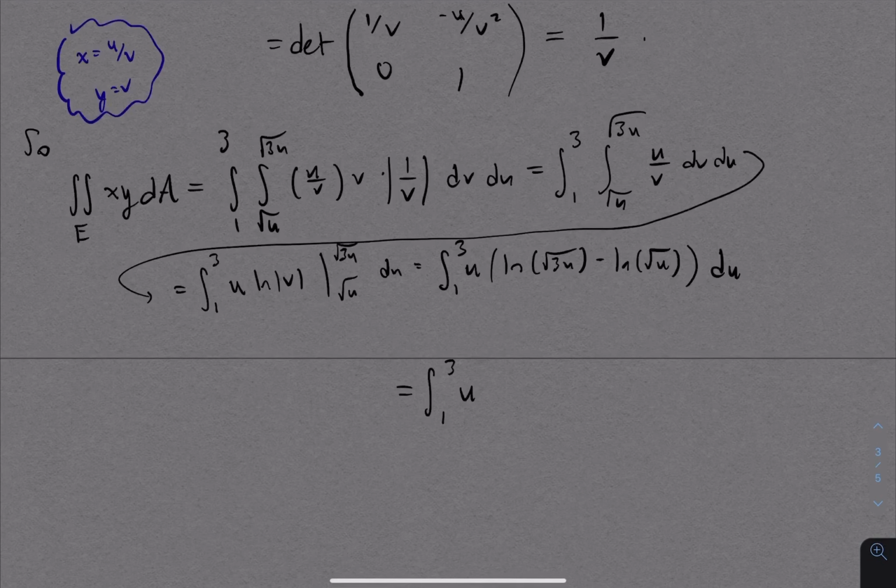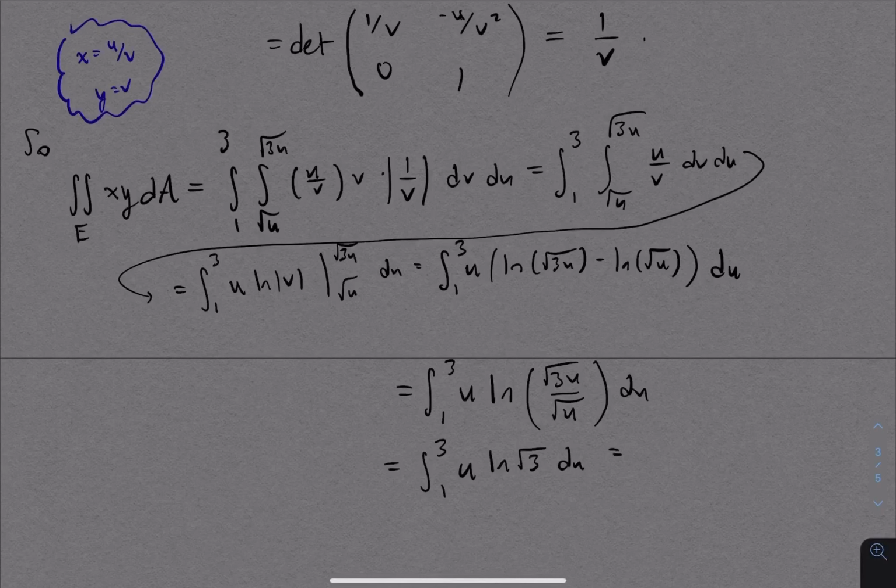Then using log rules, I can actually combine these, right? This will be log of root 3u over root u. And then this simplifies very nicely, actually. The root u's cancel out, so we get u times log of root 3.